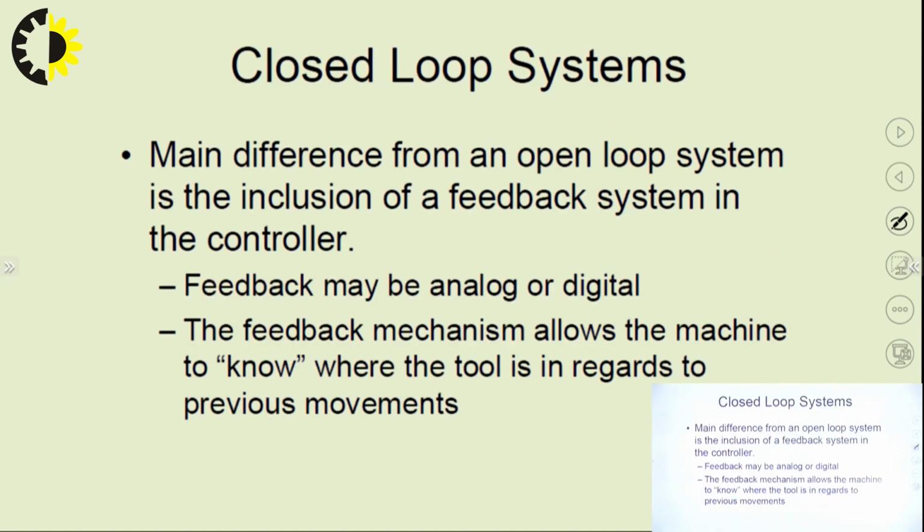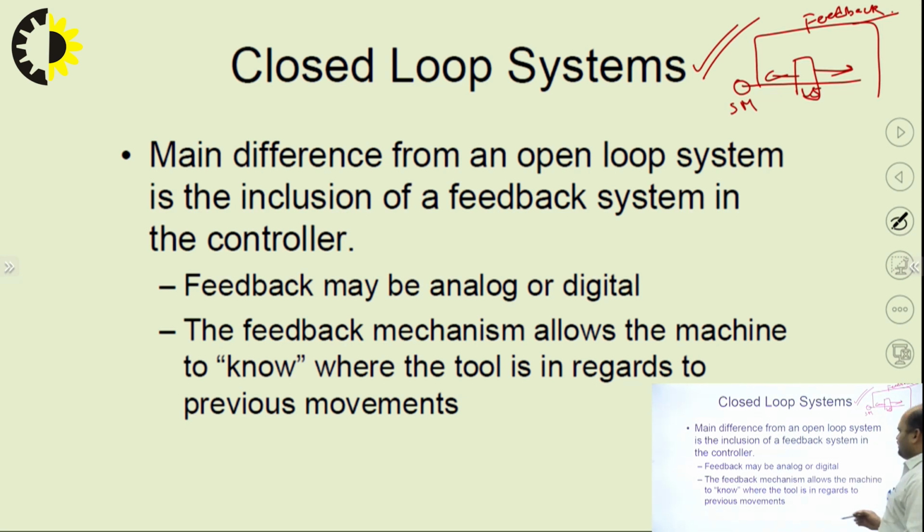Talking about the closed loop system, initially in the open loop system we saw that the stepper motors rotate the lead screw, and after that the machine tool parts move in to and fro directions. But in the closed loop system, a proper feedback system is there, which is widely used and has advantages.